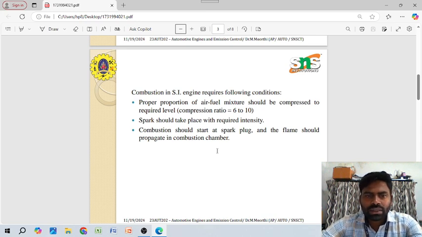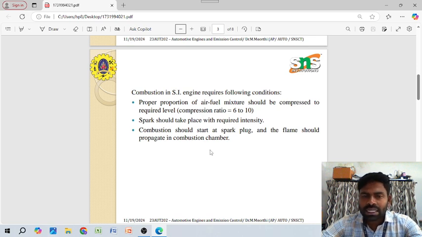So combustion in SI engines depends on the following conditions. It starts with a proper air fuel ratio, and the air fuel mixture should be compressed to the required level.